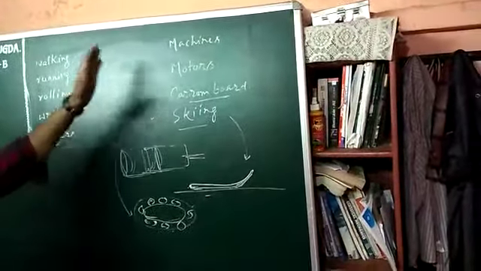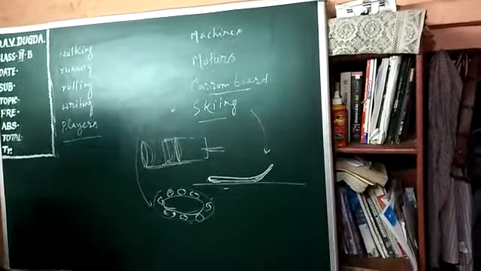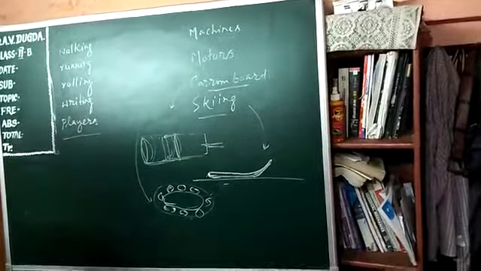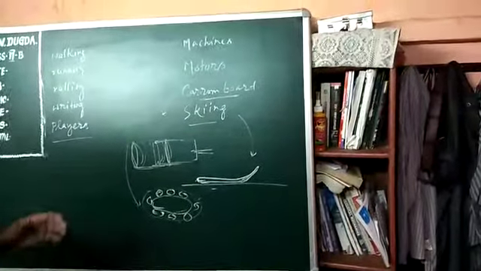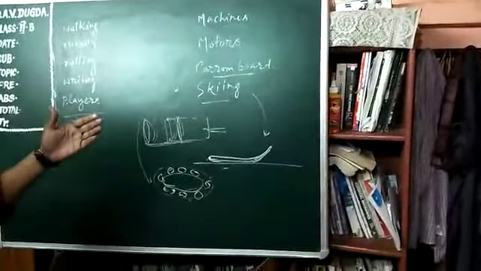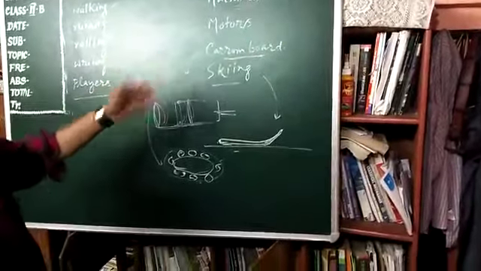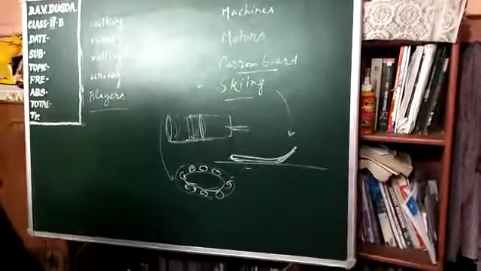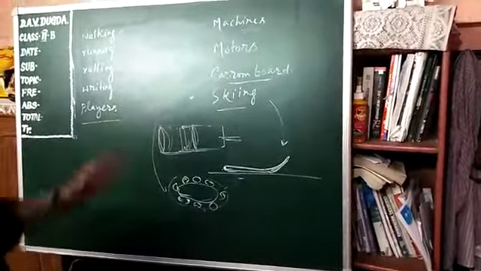So here are some cases where we need a reduced amount of friction, and we do some special arrangement to reduce that friction. Sometimes we use solid lubricant, sometimes liquid lubricant, sometimes semi-liquid lubricants. Clear? So I am giving you examples of some lubricants.